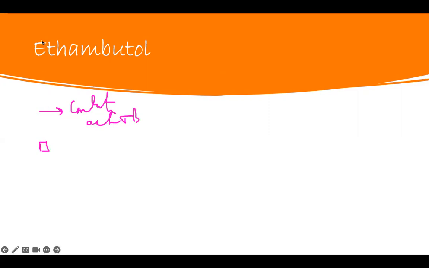The easy way to remember it is the E. The E is for your eyes. It causes optic neuritis, so inflammation of the eye. The nerve is inflamed, not infected. So optic neuritis or ocular neuritis. But that's the eye, so E is for eyes.